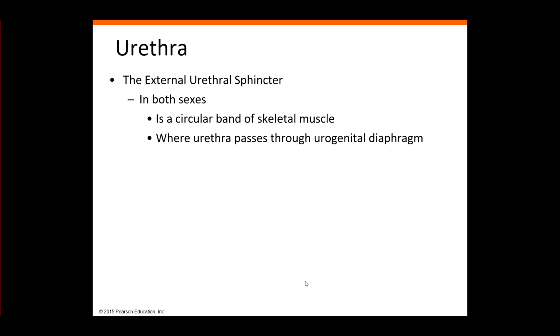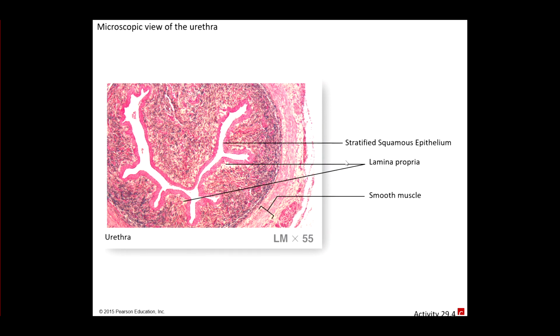We talked about this already, the external urethral sphincter in both sexes. This is a band of skeletal muscle, and it's on either side of the urethra in the pelvic floor. Again, if you remember, the urogenital diaphragm is the pelvic floor. And if you do look at the urethra under a microscope, what you'll see is a kind of collapsed lumen here.